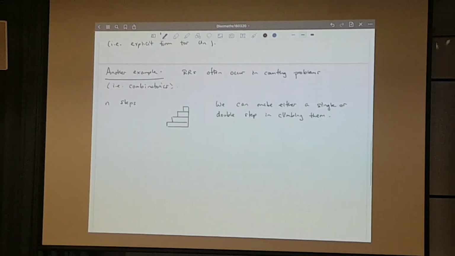And you'll have to mix single and double steps. When you're given a problem like that for n steps, it's hard.